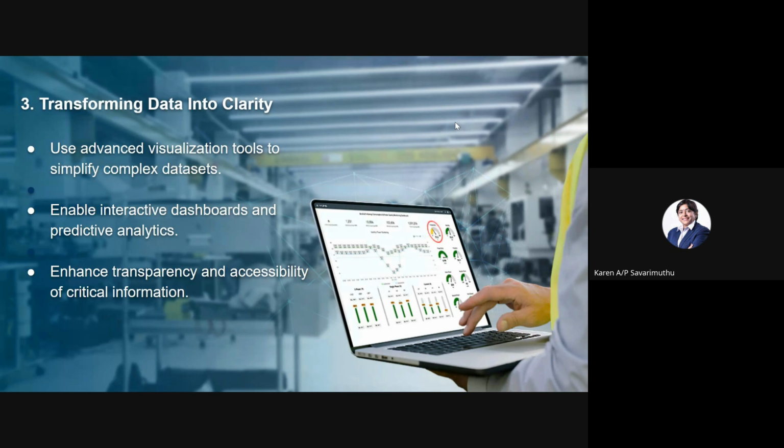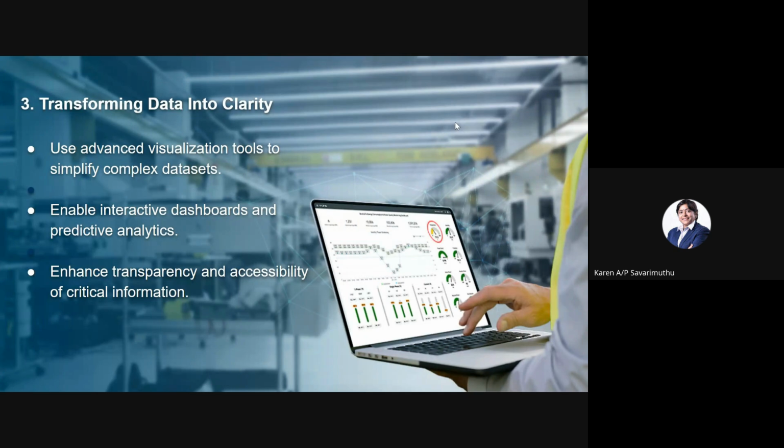You have to use advanced visualization tools to simplify complex data sets. You have thousands or even millions of data rows in your collections, but how do you present that? This is where visualizations come in.